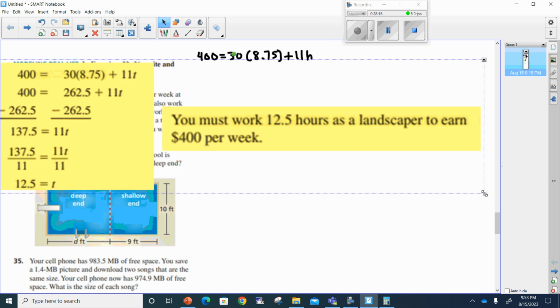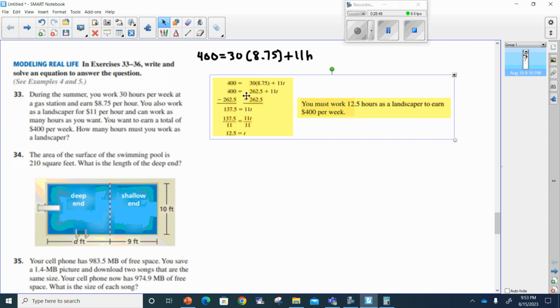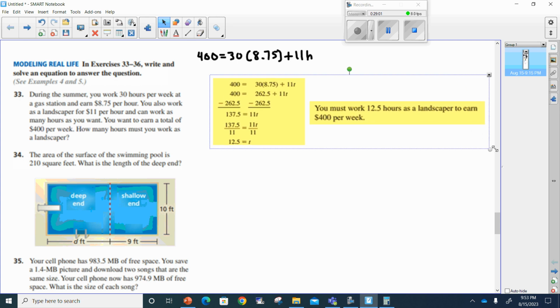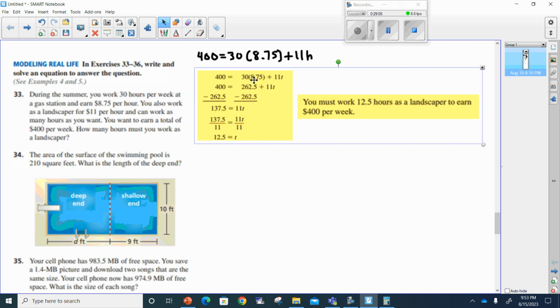Here's the work. You see, I came up with the same equation they did. 400 equals 30 times 8.75 plus 11t, right? And to solve this, first we take 30 times 8.75.